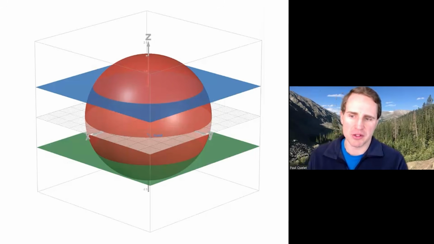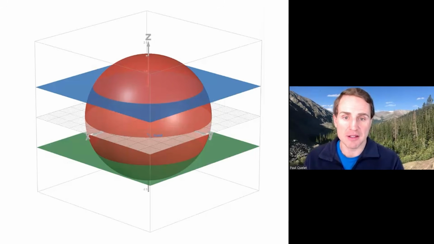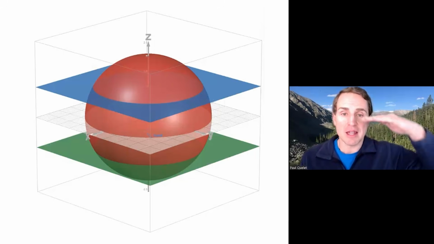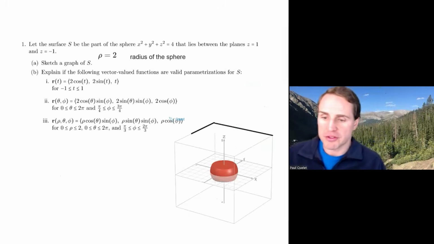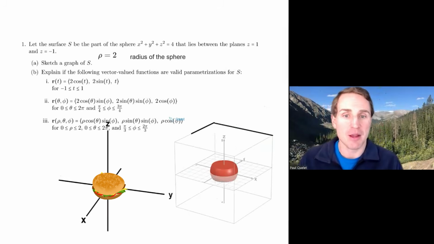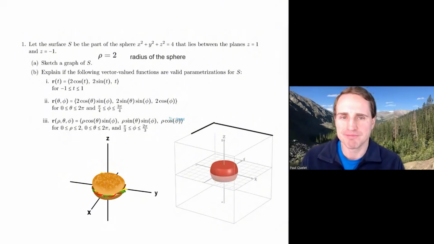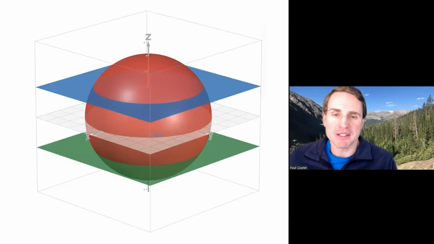Capturing the essence of what you see here on Desmos. It's a sphere that's cut with parallel planes, parallel to the xy plane, at z equals +1 and z equals -1. And then the result is that you kind of get that hamburger type shape where it's flat on top, flat on bottom, rounded on the sides. Okay, let me try to be clear about this. The screen itself, of course, or any piece of paper is always basically two-dimensional when we're drawing it.